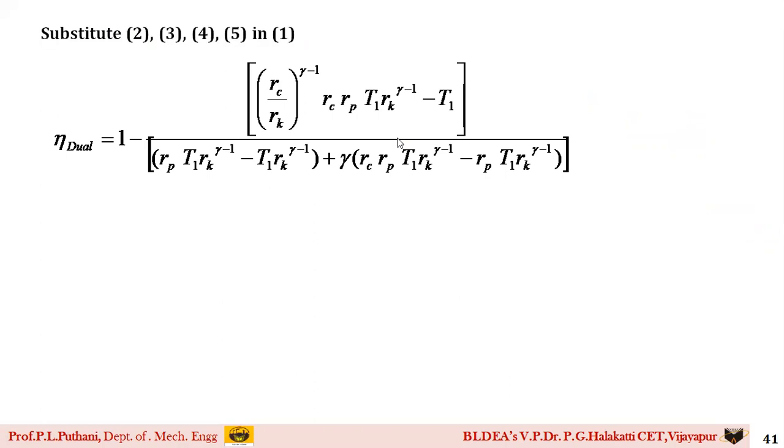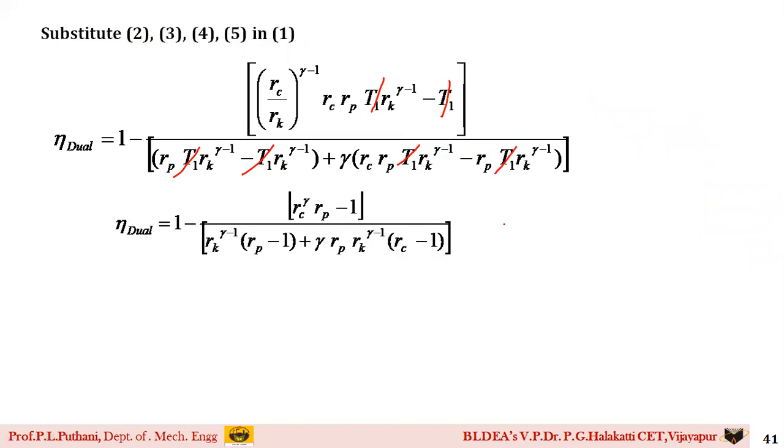So now please make the further simplifications here by seeing the common terms. T1 is common, it gets cancelled here. Here also T1 is common, it gets cancelled. Here also T1 is common, it gets cancelled. You can see here. So on further simplification, I get 1 minus RC into RP, RC raised to gamma into RP minus 1. Why?